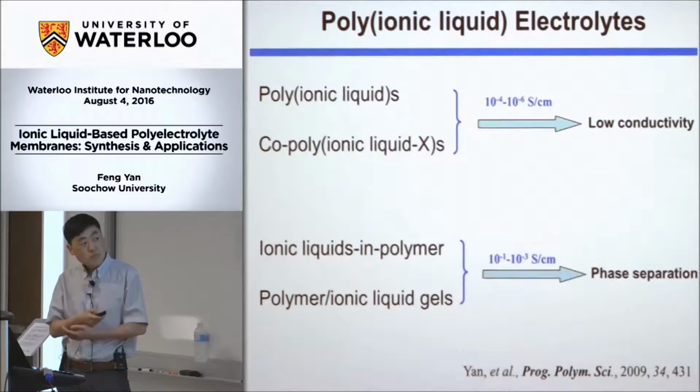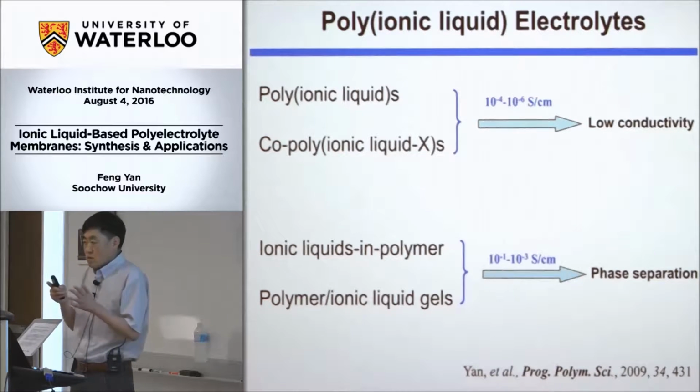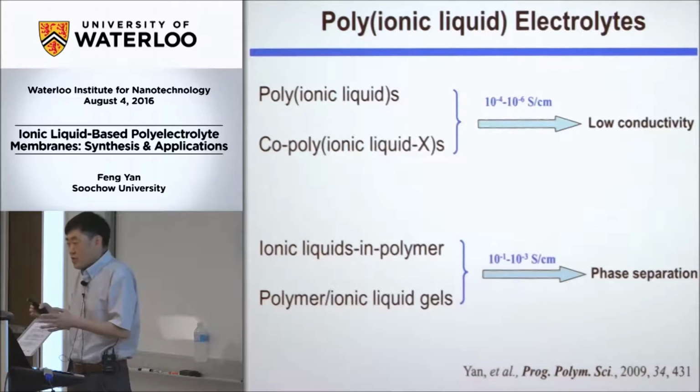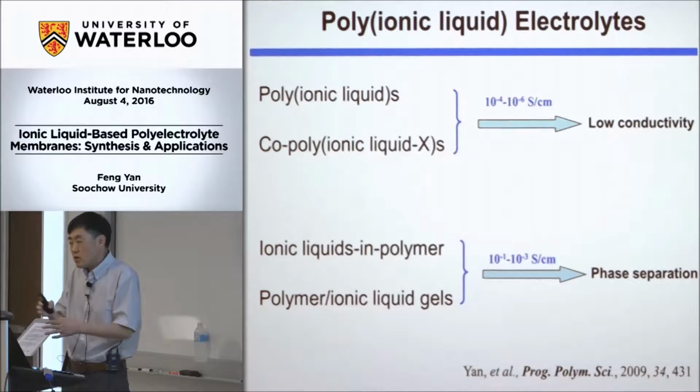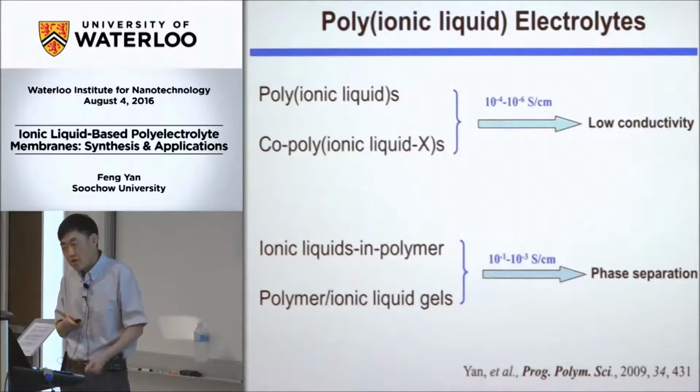But the problem is that ionic liquid and polymer don't like each other. Usually they are not miscible. Therefore, during application, phase separation always happens, and the ionic liquid comes out from the polymers.